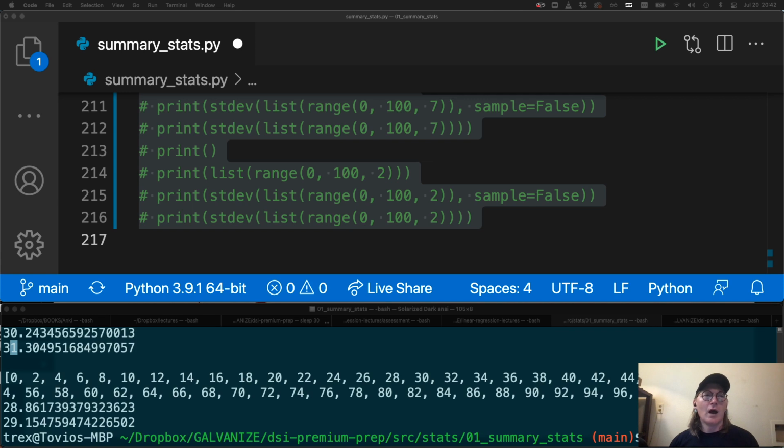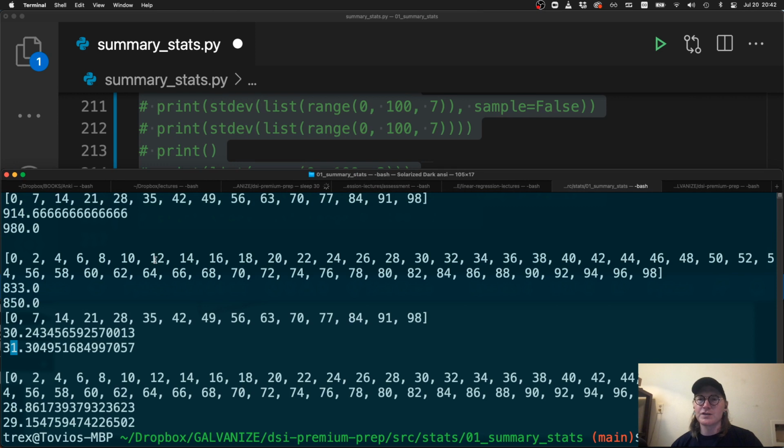And so, here's Bessel's correction, for instance. Bessel's correction makes a clear difference when we're thinking about variance and applying variance. But when we just take the square root of the variance, it doesn't matter as much, right?